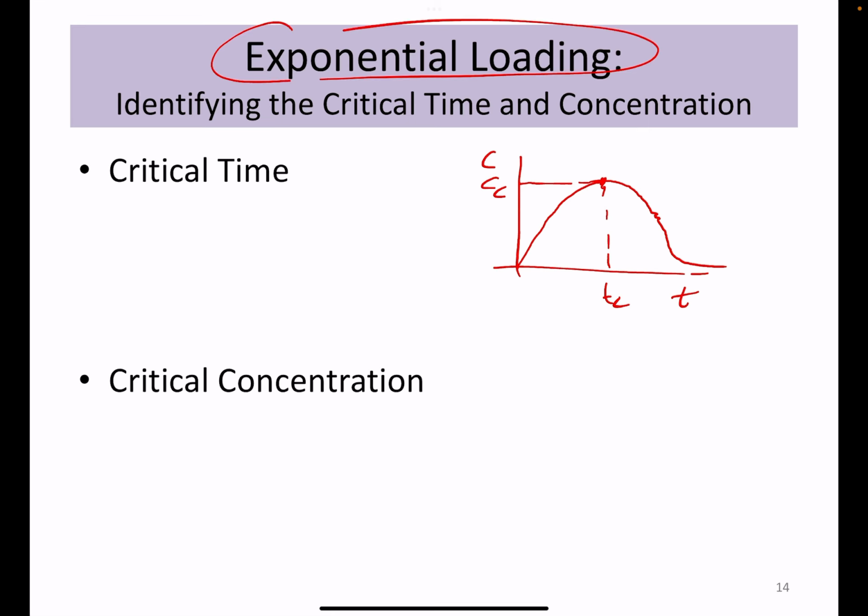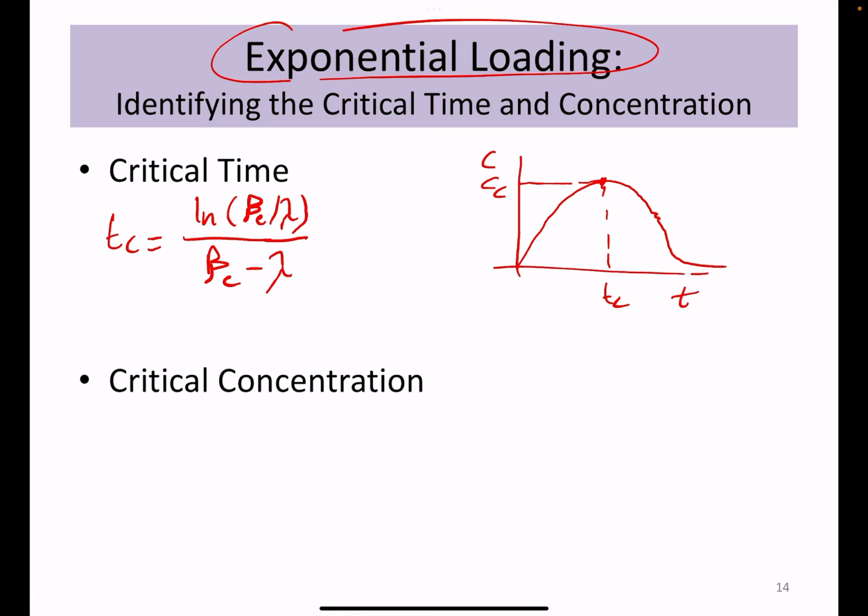So the critical time, t_c, is equal to ln of beta over lambda, over beta minus lambda, and that is the critical time.